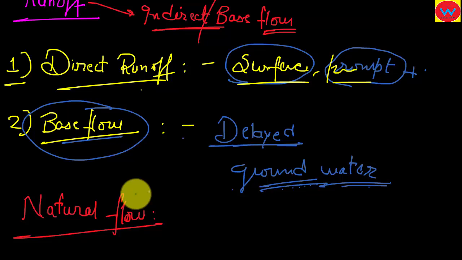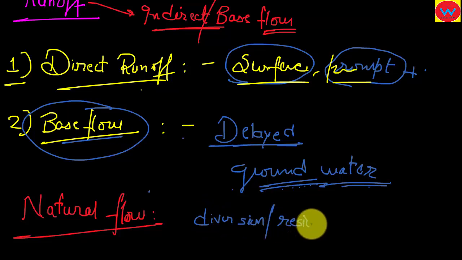So it is a good indicator of such conditions. But if there is any human intervention, such as diversion or reservoir, then you will see that the rainfall or runoff characteristic is not what you would get without such intervention. So such cases are not representative of natural flow, or you can say virgin flow.